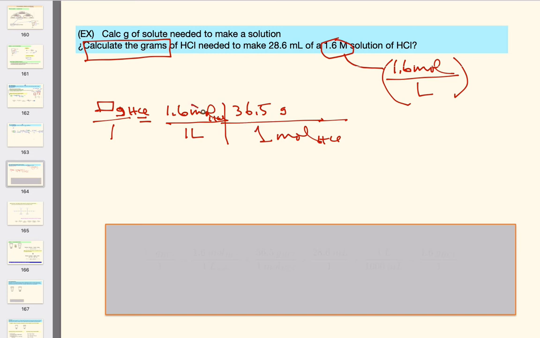Right, so what do I see here? This is crossed off, and lo and behold, I need grams in the numerator, and I have grams in the numerator. So I should be done, but not so much. Why?